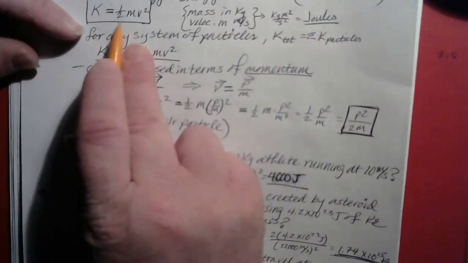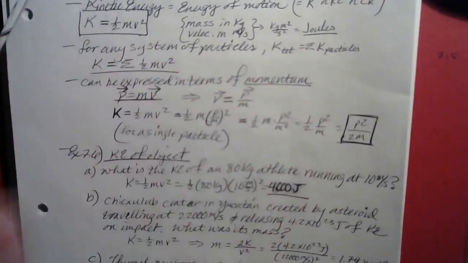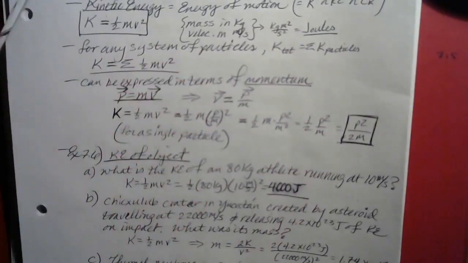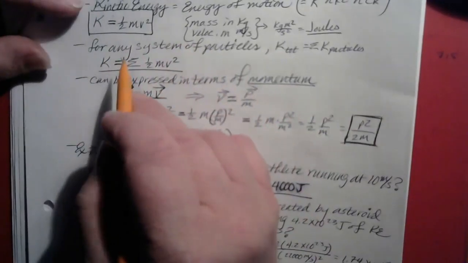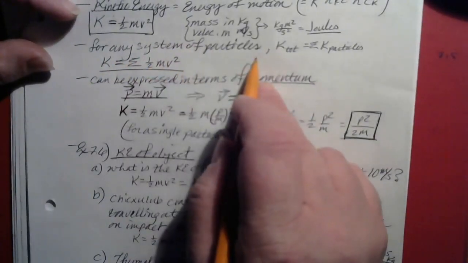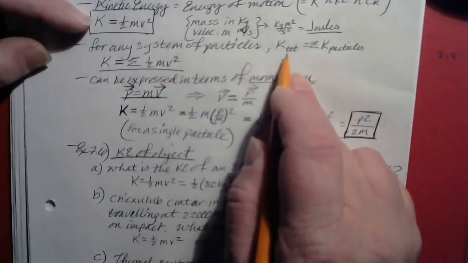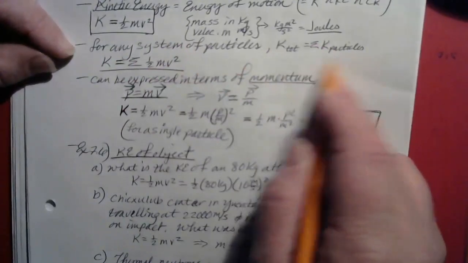This is the equation that we use typically for a single entity or a single particle that we're finding the kinetic energy for. But there are also occasions where we want to find the kinetic energy for a system of particles. And in that case, the total kinetic energy is just the total of the kinetic energy of all the particles.